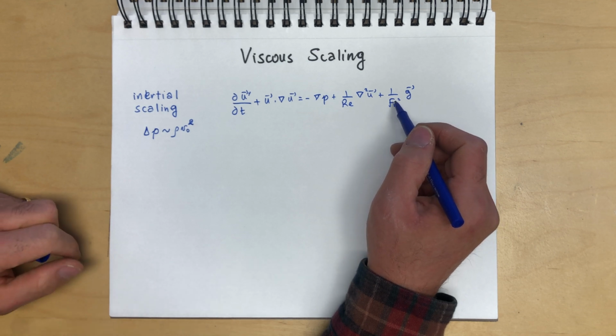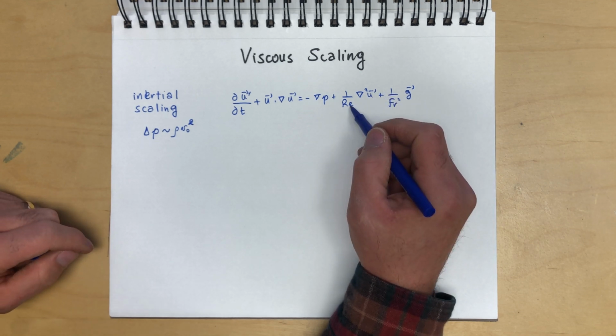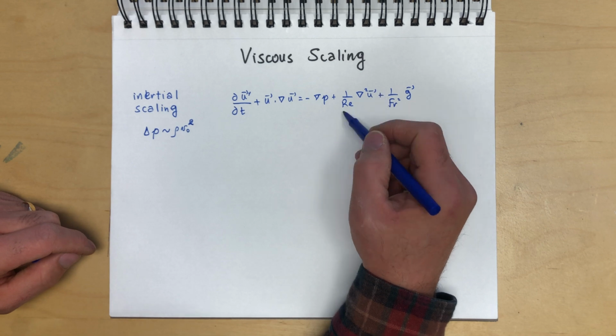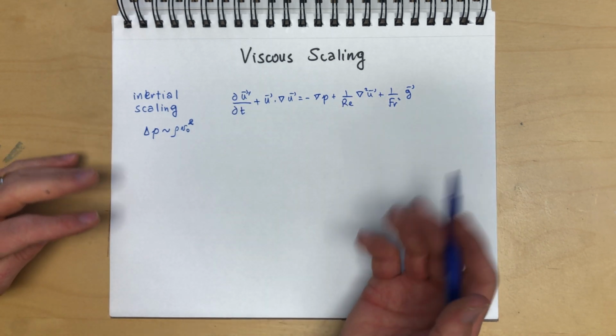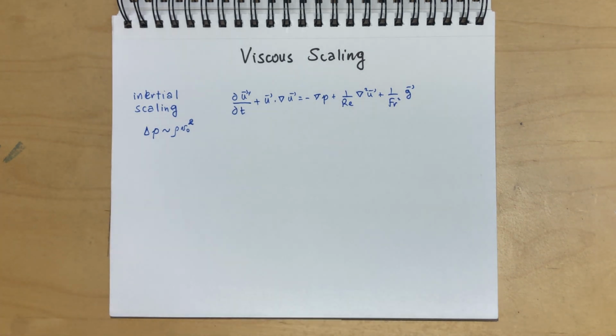If the Reynolds number is very high, then this term is negligible, and we obtain the Euler equations, what people call inviscid flows. That's technically incorrect. It's flows where viscous forces are negligible compared to inertia.